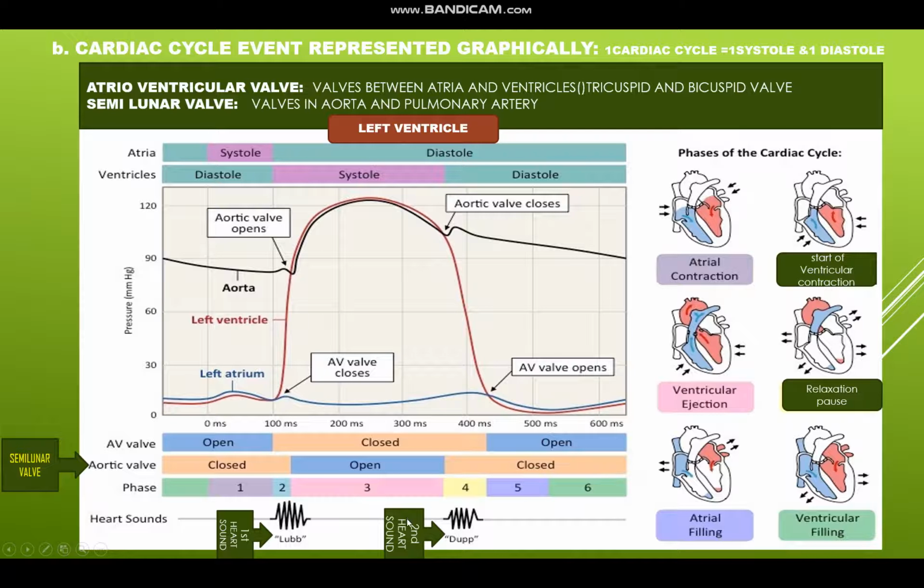The second heart sound occurs when the semilunar valves, that is the aortic valve, close so that the blood cannot be drawn back into the ventricles, causing the second heart sound, which is called dub. So one cardiac cycle consists of one systole and one diastole, that is, the contraction and relaxation of the heart together make one cardiac cycle.